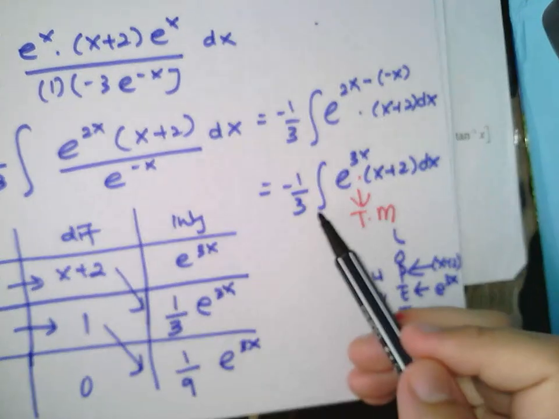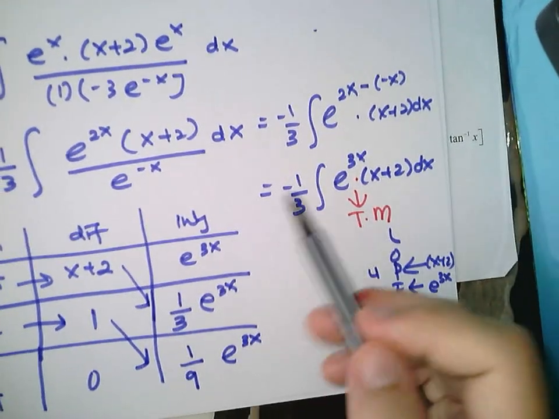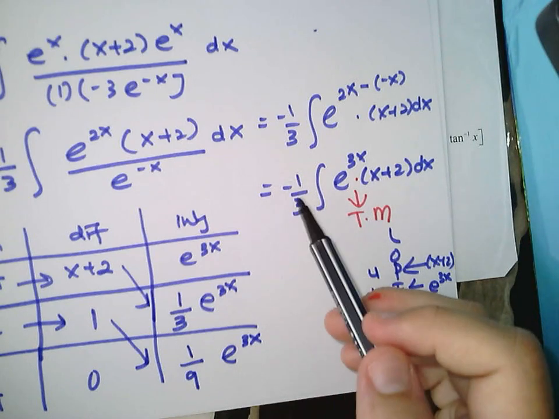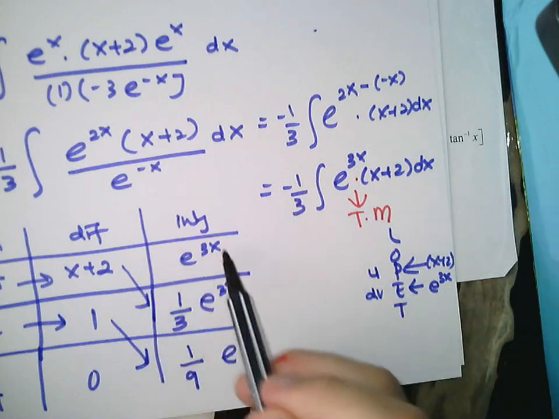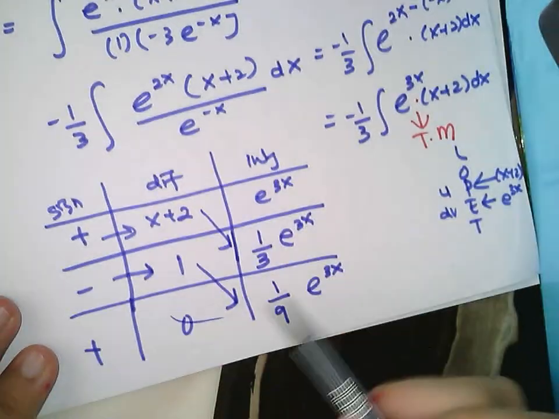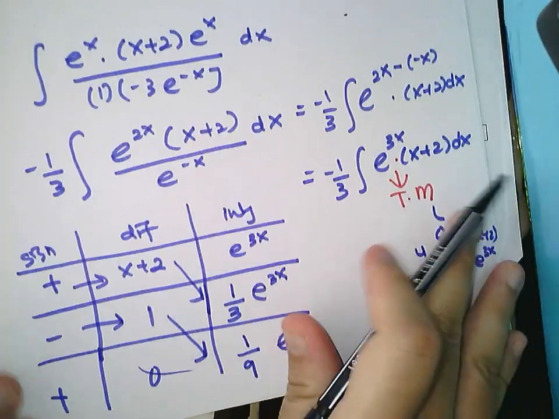Please remember your negative 1 over 3 that you factorized earlier, because now you're going to expand with the result that you get from the tabular method. So you will have negative 1 over 3.